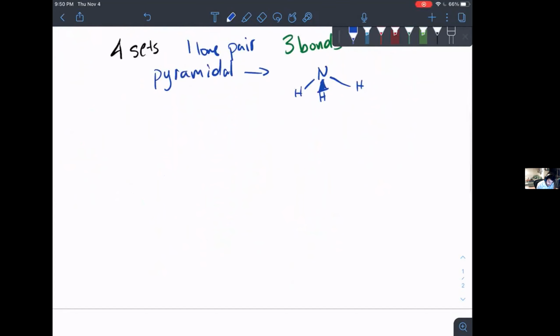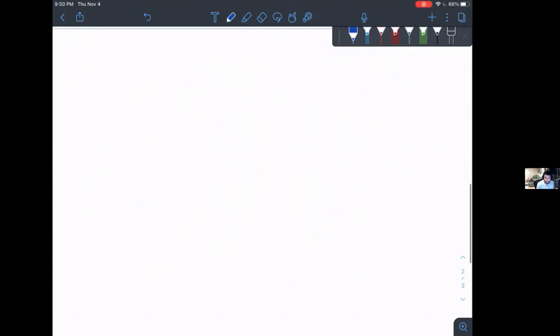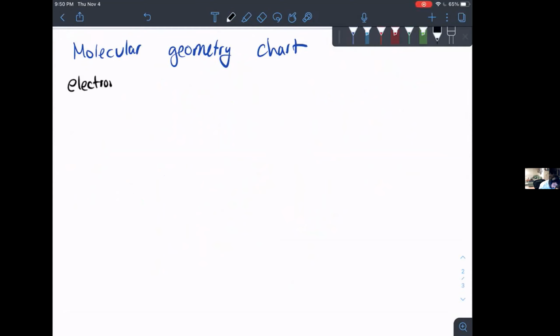Now, what we're going to be using is actually a chart. So I'm going to go ahead and just come down here to a whole new page on my iPad just so I can kind of start fresh. And we're going to call this the molecular geometry chart. The most important thing about the chart is we're going to look at the electron sets. Then we're going to look at the number of bonds.